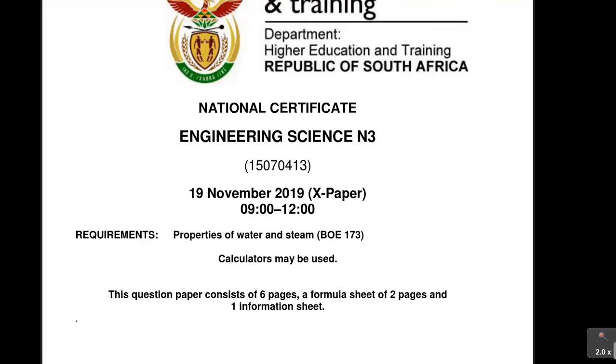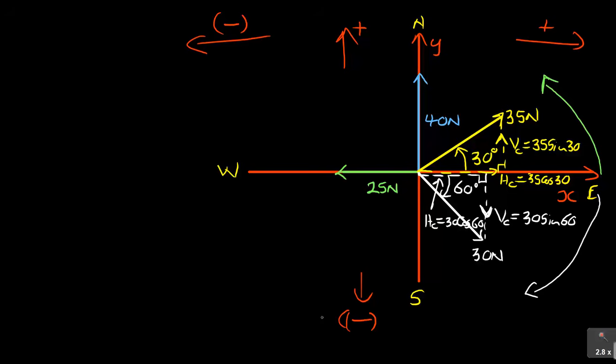So now, the vertical components are equal to, if up is positive, 40 newtons plus 35 sin 30, which is also facing up, and then minus 30 sin 60 for the white one.